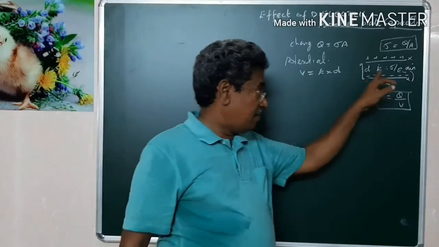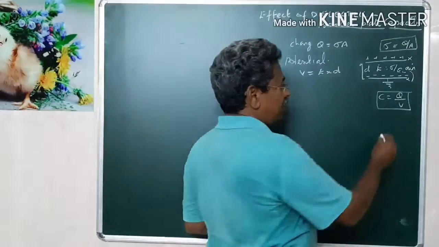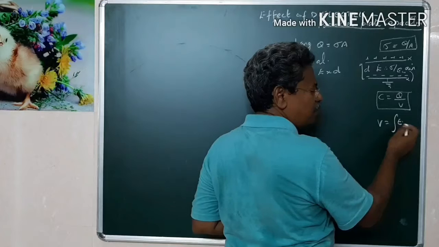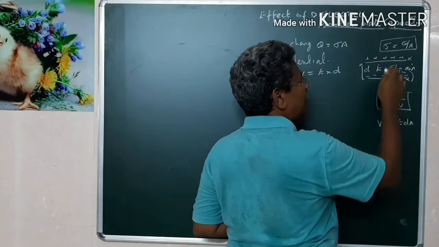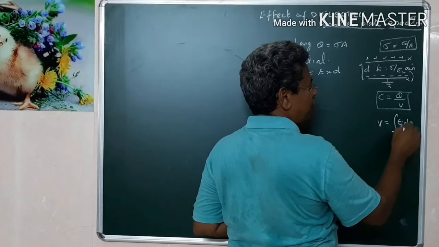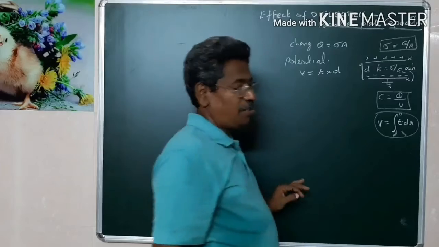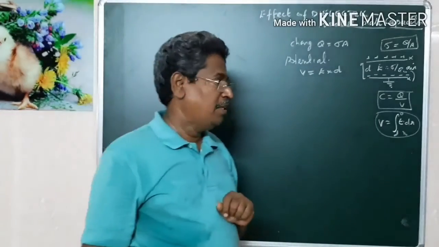In case the electric field is non-uniform, not constant, then potential can be determined by the integral of E. E may be assumed constant for a small distance dr, and we move from d to 0 or 0 to d. This formula is used when the electric field is non-uniform. When it is uniform, there is no need to integrate.